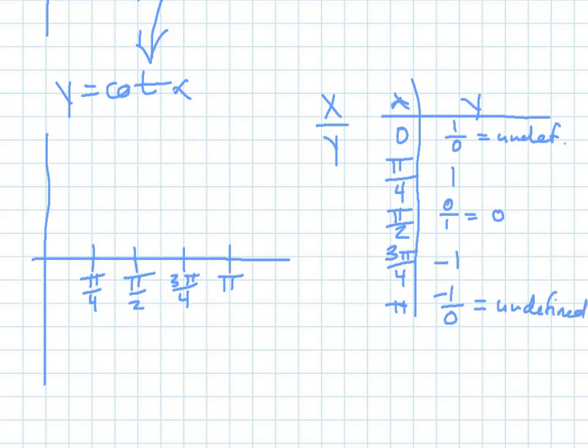So our graph for cotangent, let me use a different color for this one, just so you can see better. Try to make sure that you do draw your undefined line over the y-axis.